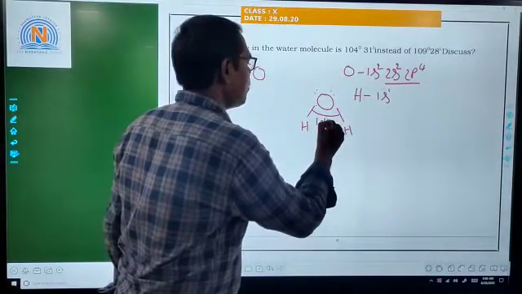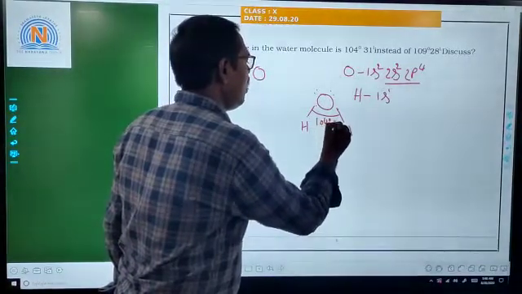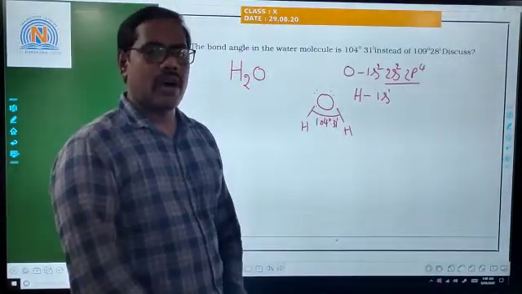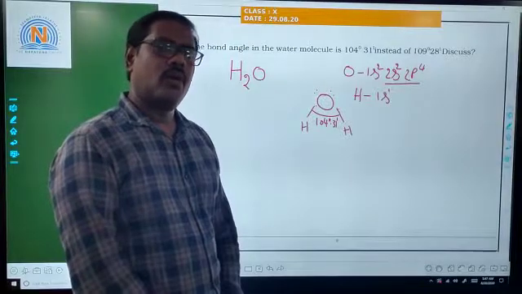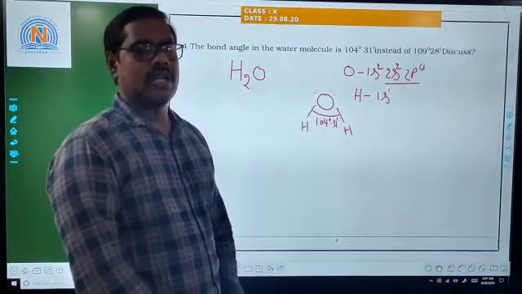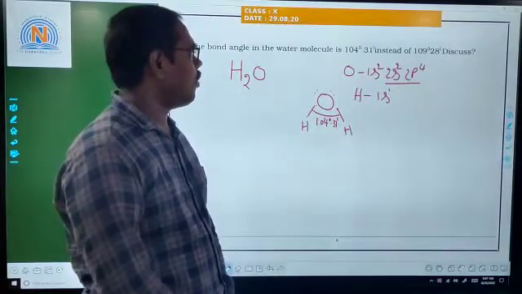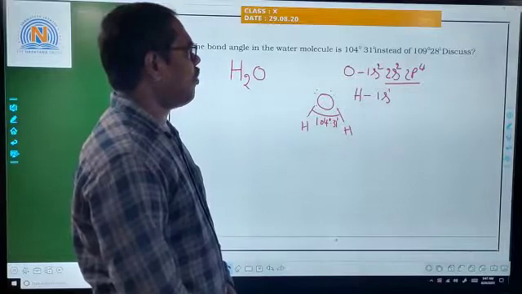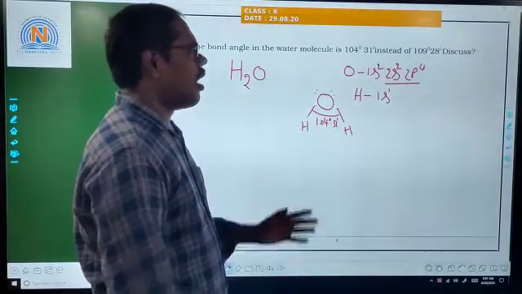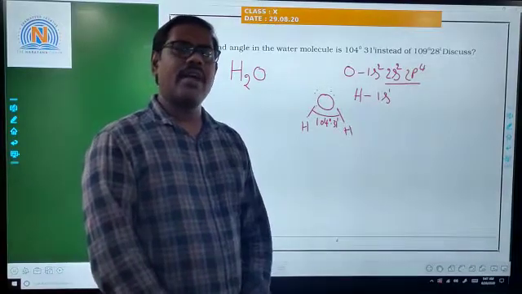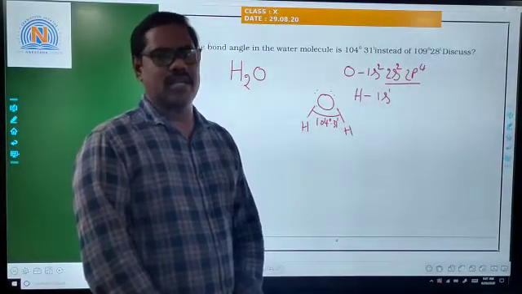This is the reason. That's why in the water molecule, the bond angle is 104 degrees 31 minutes, and the shape is V shape or angular shape or a bent structure.